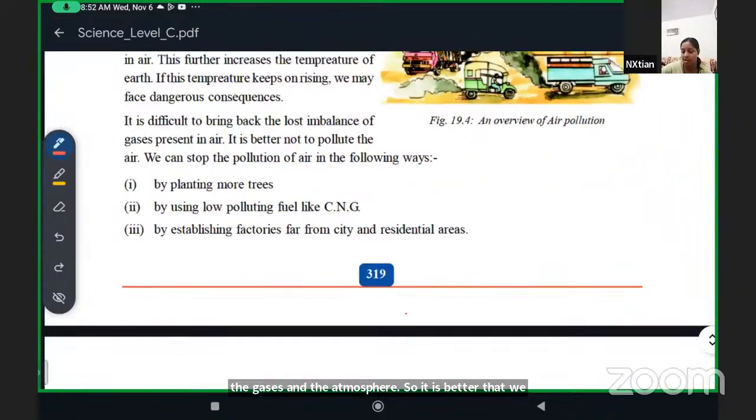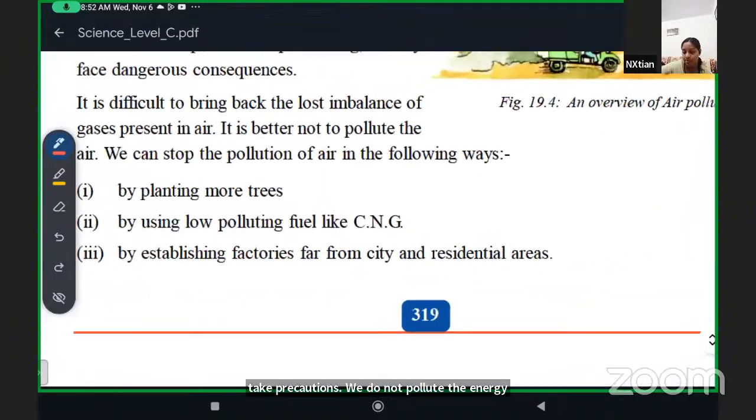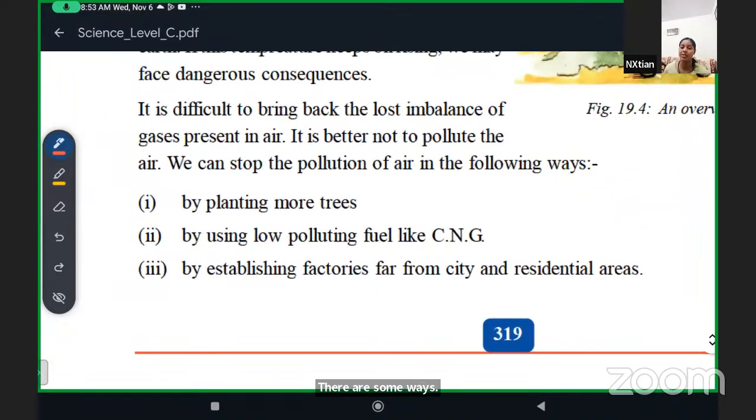There are some ways by which we can control the pollution, by planting more trees. Like I said, planting more trees creates a balance of O2 and CO2 in the atmosphere, because the plants also purify the air around us, in the environment.